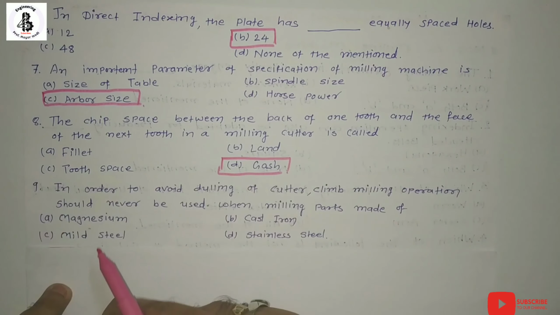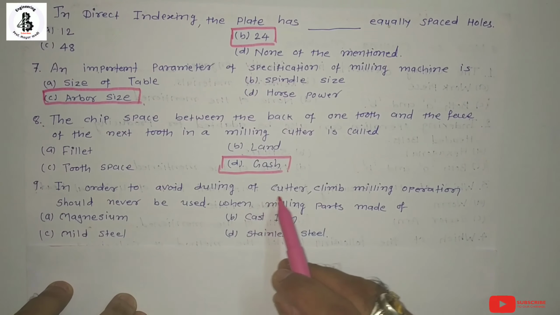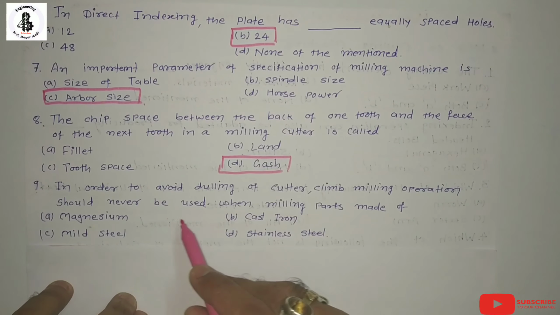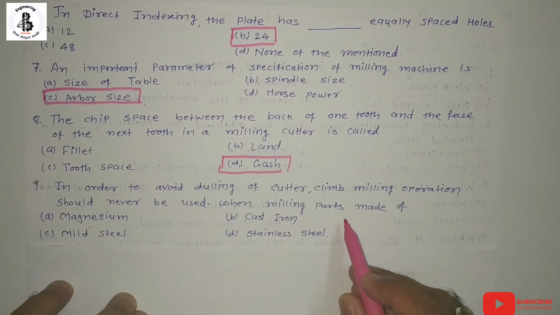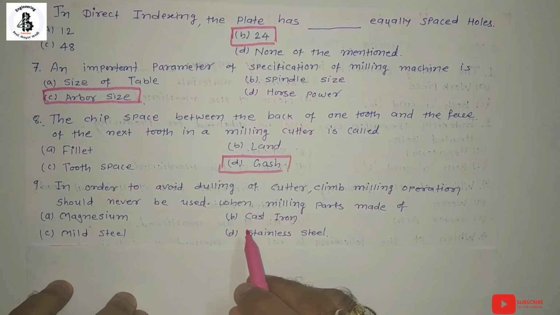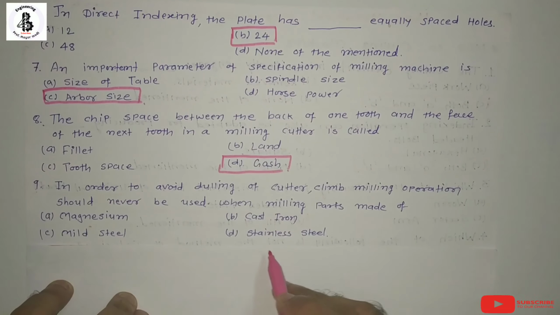Then next question. In order to avoid dulling of cutter, climb milling operations should never be used when the milling parts are made of option A, magnesium, option B, cast iron, option C, mild steel, and option D, stainless steel.